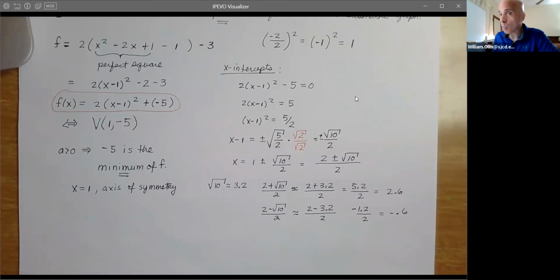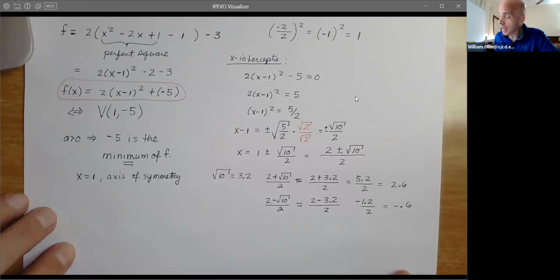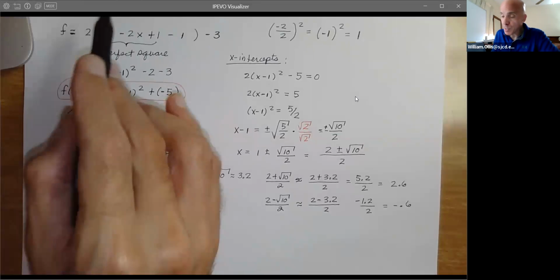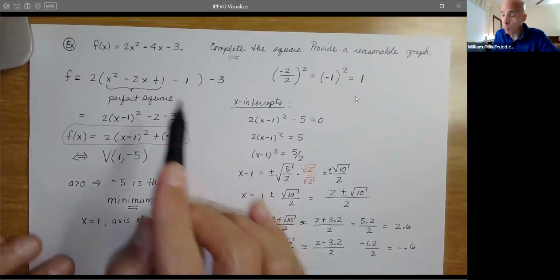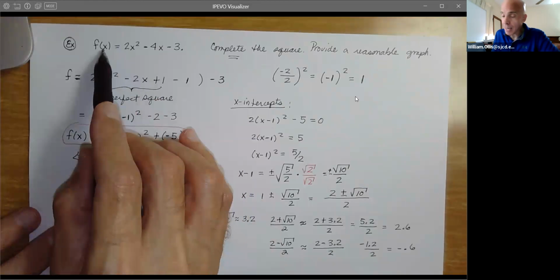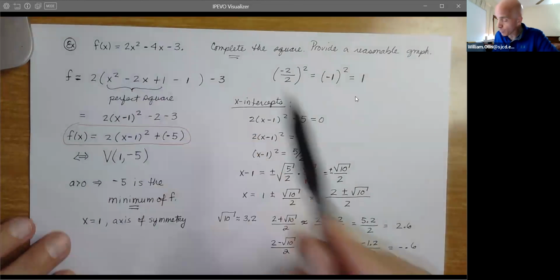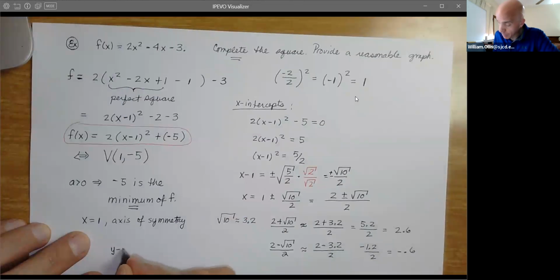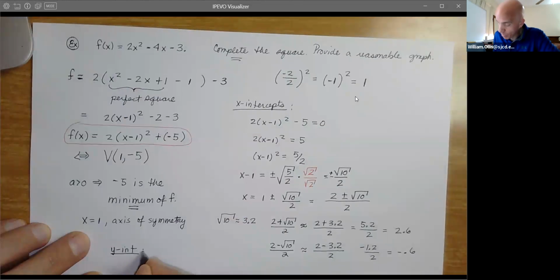So that will be another way to find the vertex without having to do so much work. There's a different way to do everything. Now, what's the last piece of the puzzle? The y-intercept is easy. Just replace x with 0 and we get negative 3. So for the y-intercept, we have negative 3.